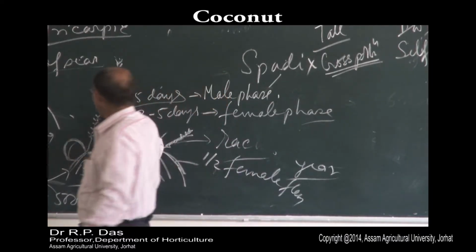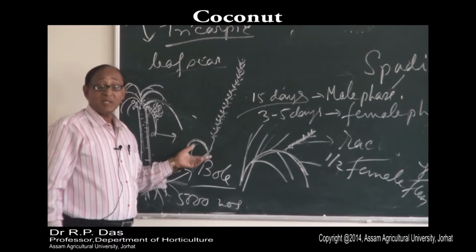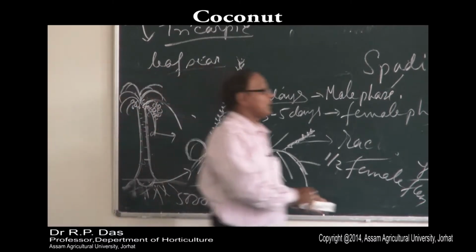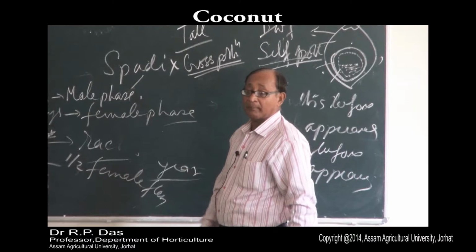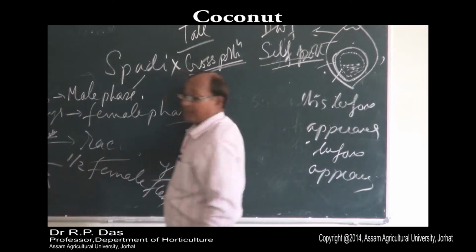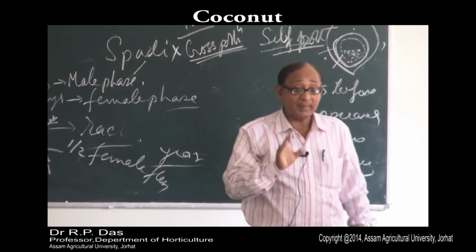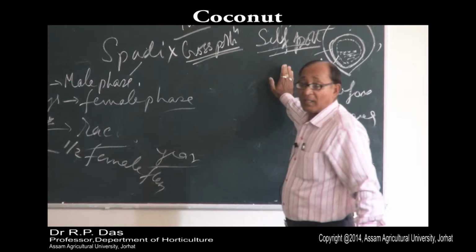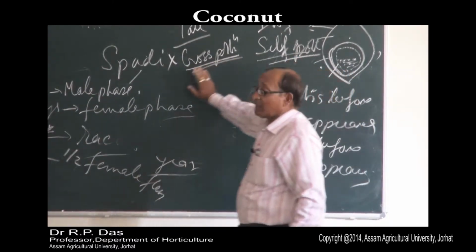So the last part of the male phase, the 3-4 days, coincides with the female phase, hence self-pollination takes place. Again, in case of tall variety, it is cross-pollinated, means it is allogamic in nature; the dwarf is self-pollinated, autogamic in nature. Autogamic, then allogamic.